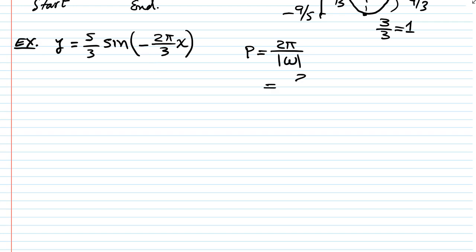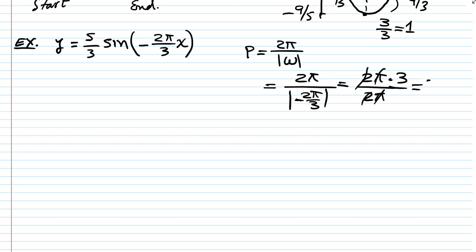So my period is going to be 2 pi over the absolute value of negative 2 pi over 3. And invert and multiply, we get 3. Well, let me put the detail. That's 2 pi over 2 pi over 3, invert and multiply 3 over 2 pi. Let go of the negative because we're taking the absolute value, and those cancel. So that's just 3.